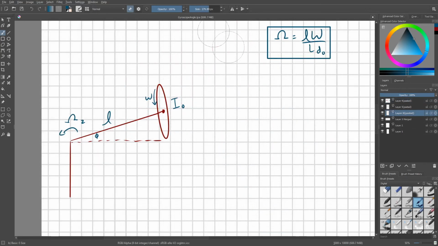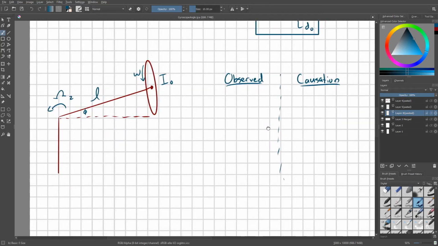For this second part, we're going to do the exact same process. I'm going to write out an observed column, and I'm going to write out a causation column. Let's start with the causation column. This time, before, we started with the observation. So this time we know that the cause is from the weight.